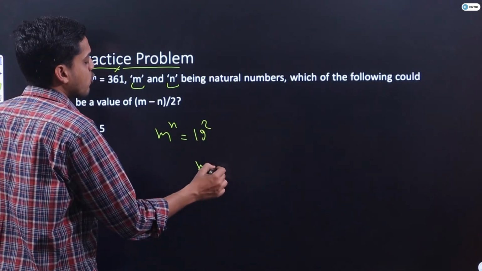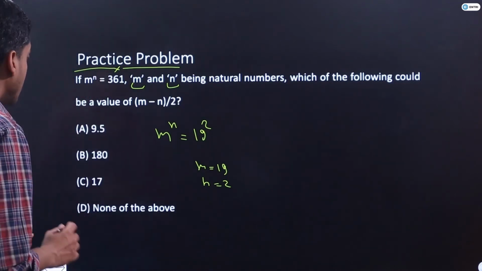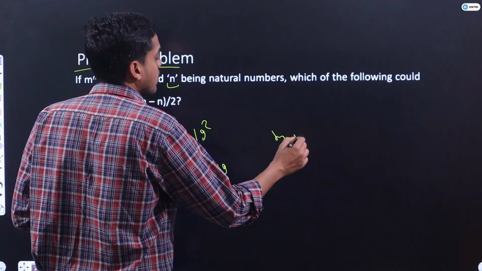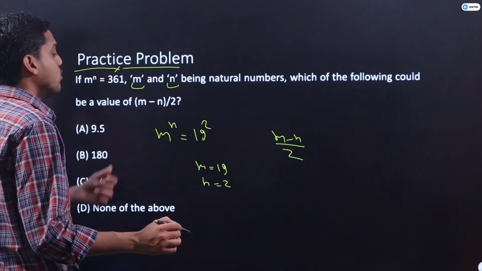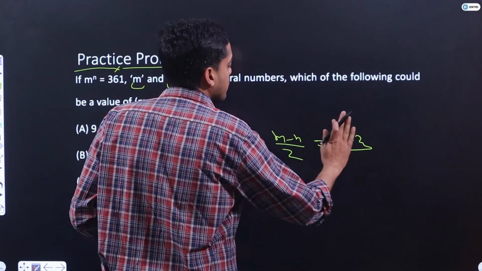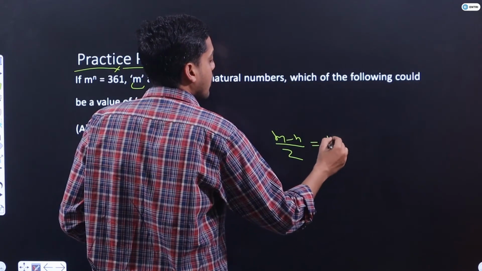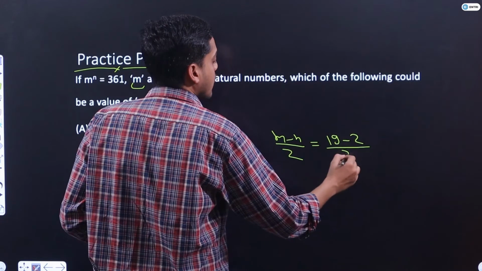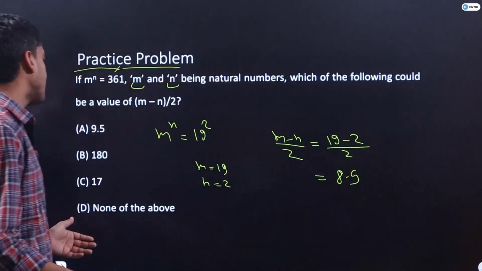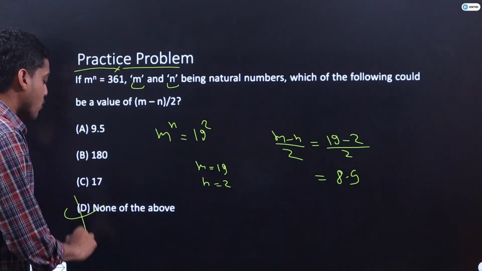So m will be equal to 19 and n will be equal to 2 only. Then the question is asking about (m minus n) by 2, so the answer would be (19 minus 2) whole upon 2, so 17 by 2 will be equal to 8.5. They will think 8.5 is not in the options, so they may choose none of these, which will be wrong.